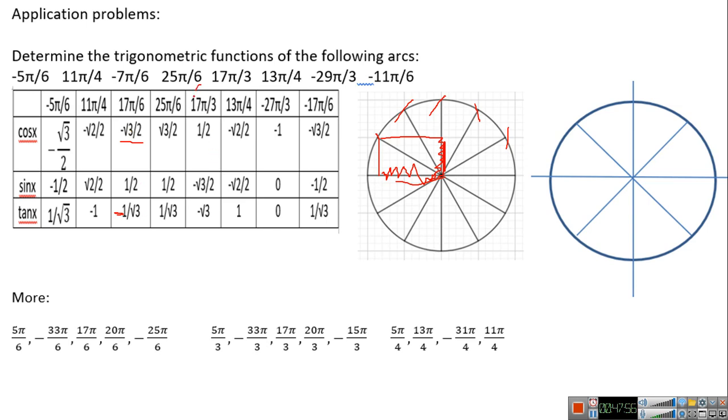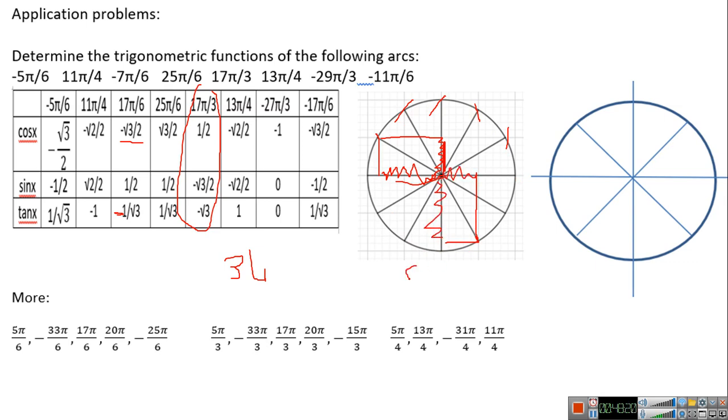If I want to do 17 pi over 3, we know that 17 pi over 3 is 17 times 60, which is 34 times 30. 34, 12 with 12, 24, remains 10, 3, 6, 9, 10, here. So I graph the rectangle. The cosine is the smallest, as you can see, and the sine is the biggest.